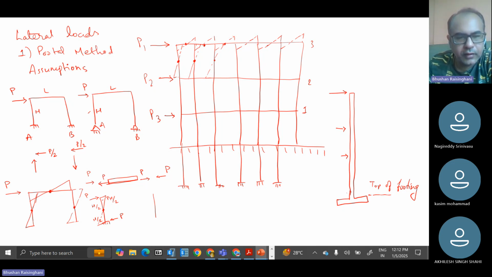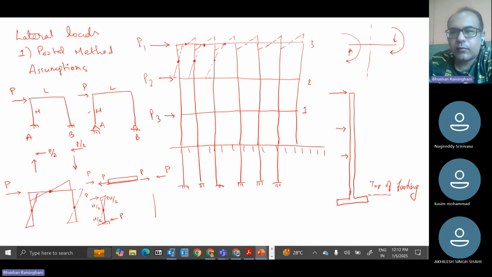Negative, positive will be a different case. So if I take this column and I rotate it, something like this, there is a force P acting here, there is a force P acting here, and there is some center line we can draw. What type of moment is generated here? Clockwise, right? And what type of moment is generated here? Also clockwise, right?